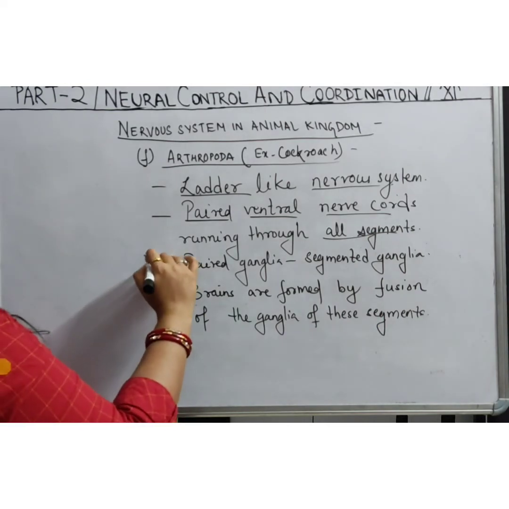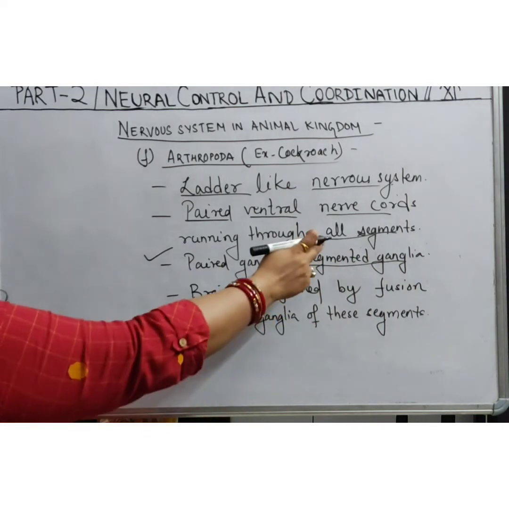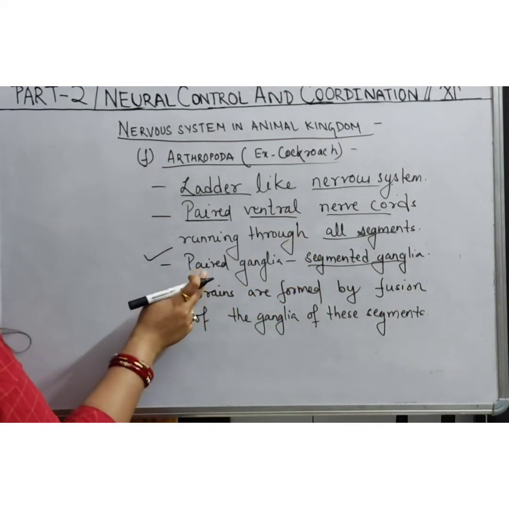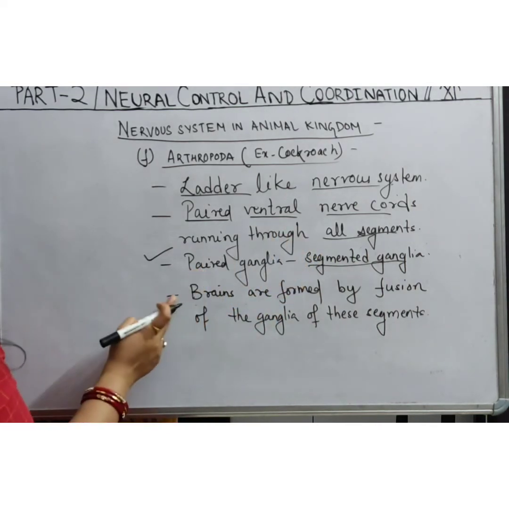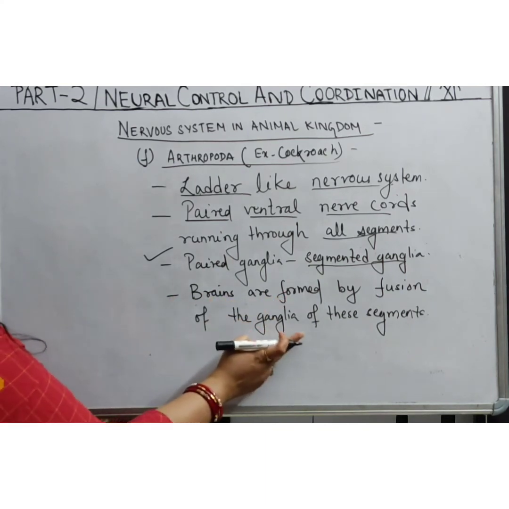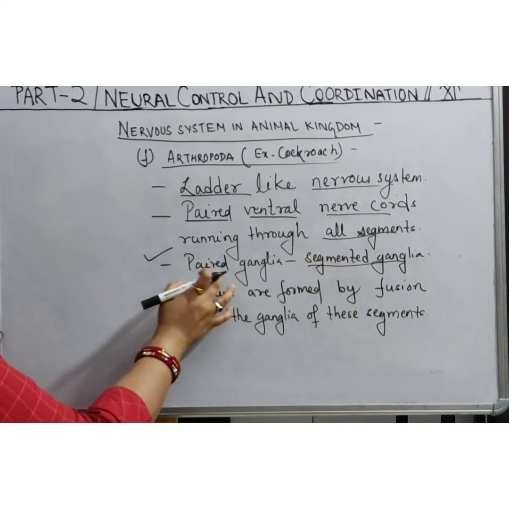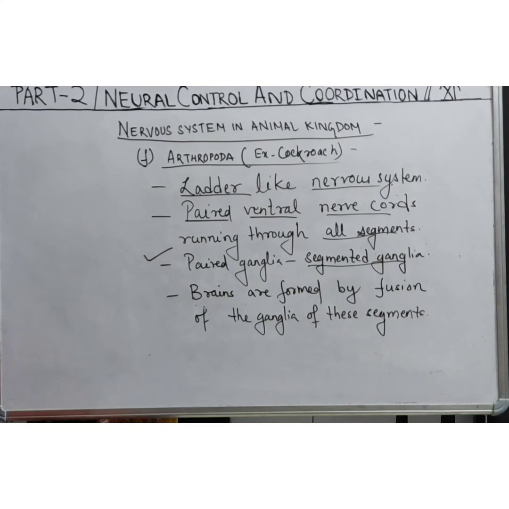They have paired, segmented ganglia, and the brain is formed by fusion of the ganglia of the segments.